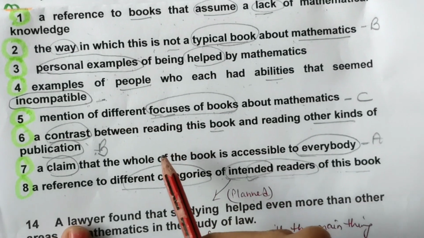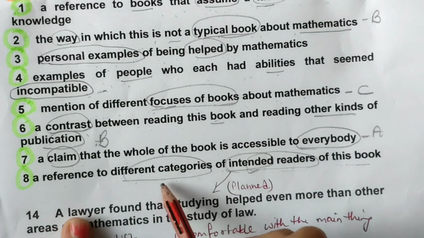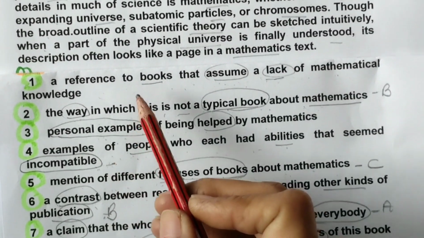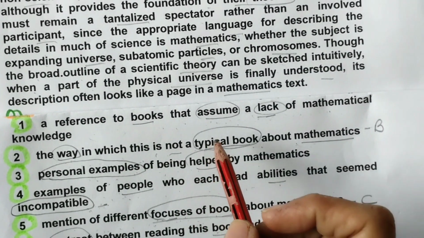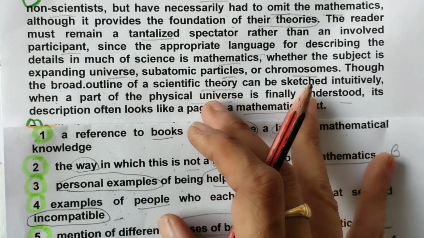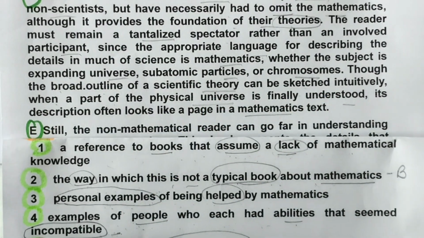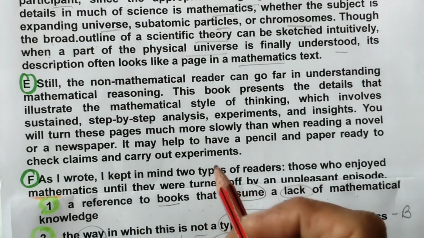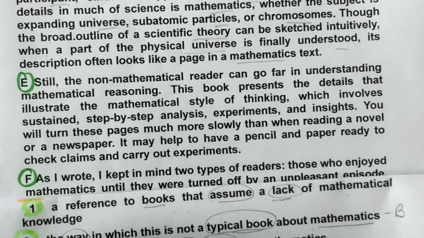There is no mention of that. Mention of different categories, this we have done. The last is also left. So out of the remaining ones, I don't think anything is matching. But let's read the other paragraphs also, then we can come to know. Now I am confused about paragraph D. I don't find any matching thing.